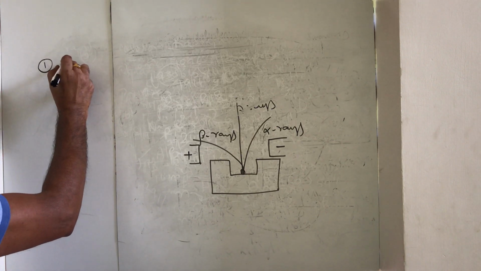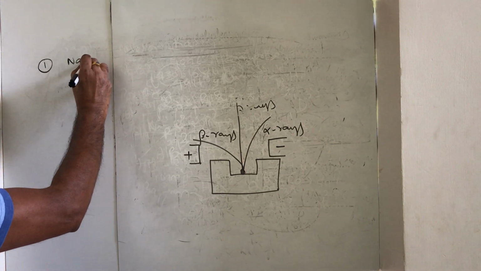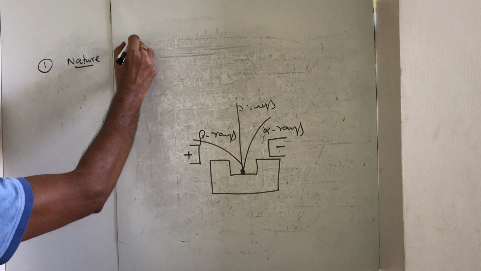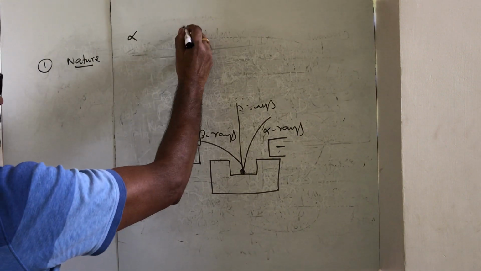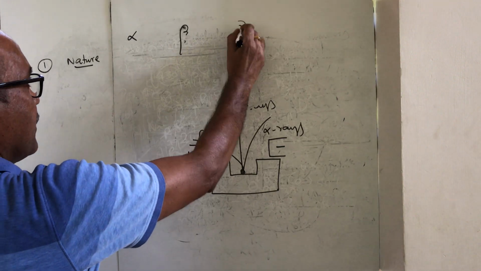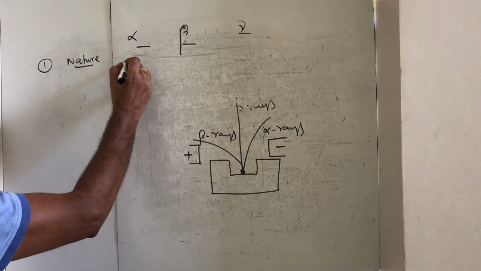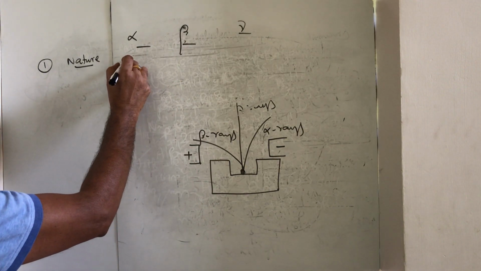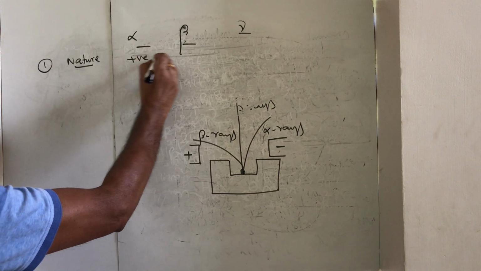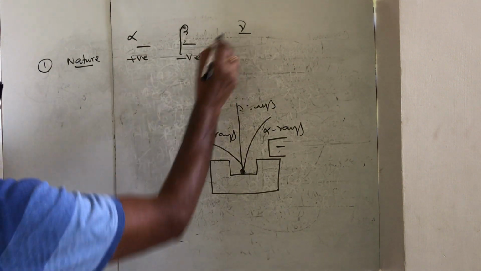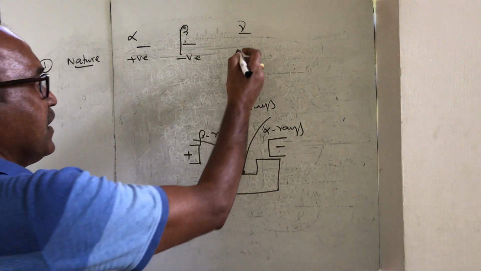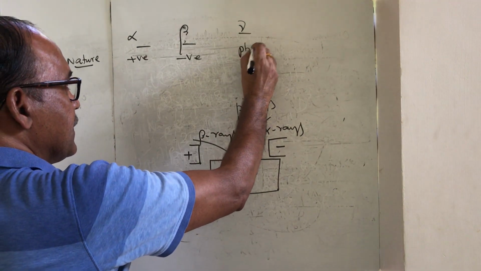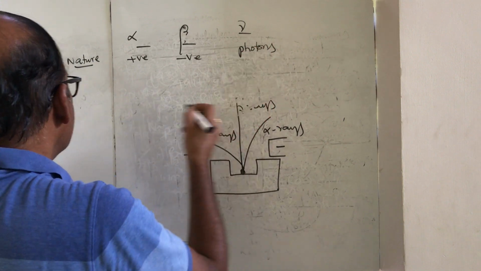One is the nature of alpha, beta, gamma rays. These are positively charged particles, negatively charged particles, and not having any charge. In the particle nature, photons are present. That is nothing but light.